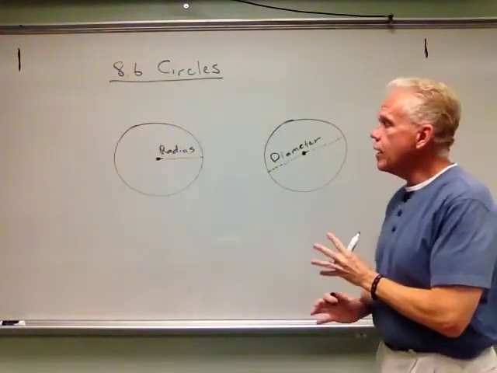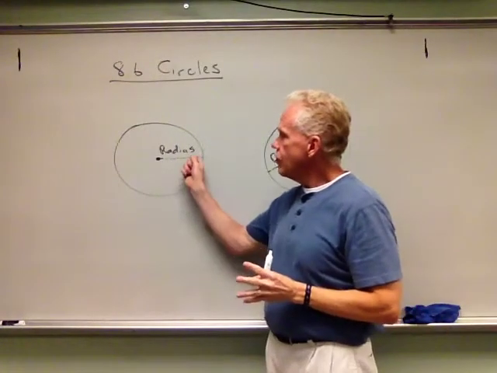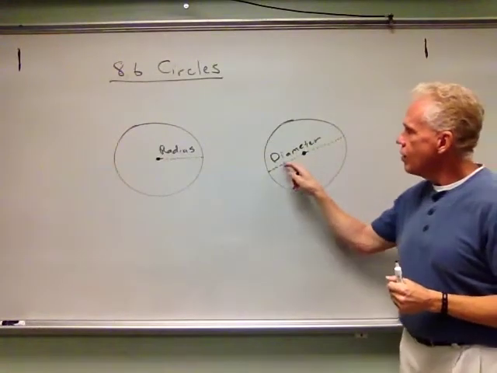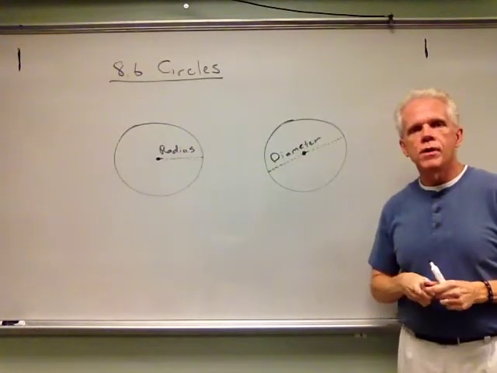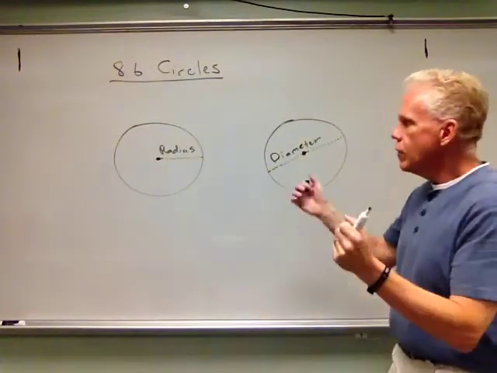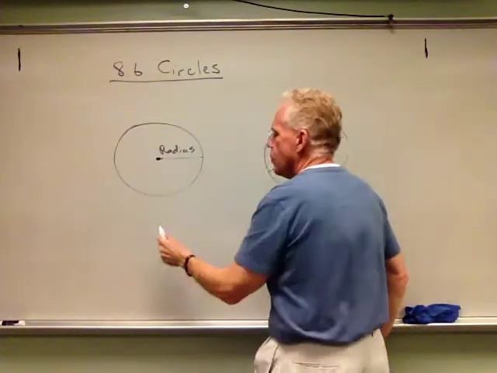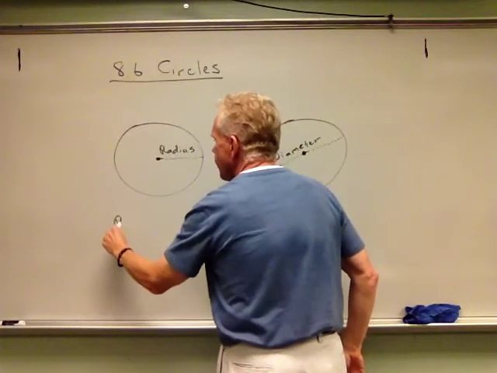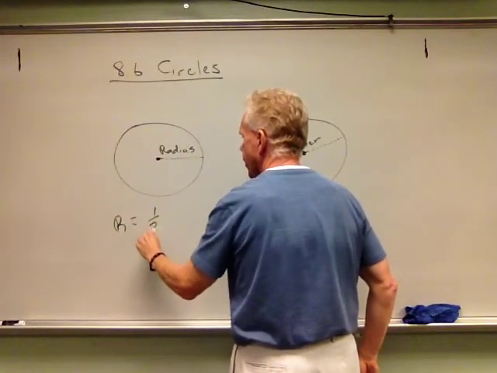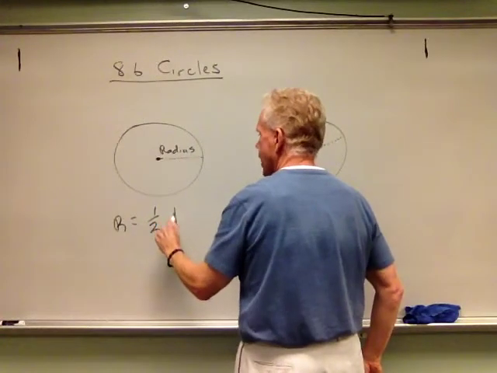Okay? Now, we can come up with some handy-dandy formulas from this information right here, but essentially, without any formulas, just understanding the radius is the distance halfway across the circle, the diameter is the distance all the way across the circle, going right through the middle, right through the center. So, if you wanted a formula, it would look like this: radius equals half of diameter.